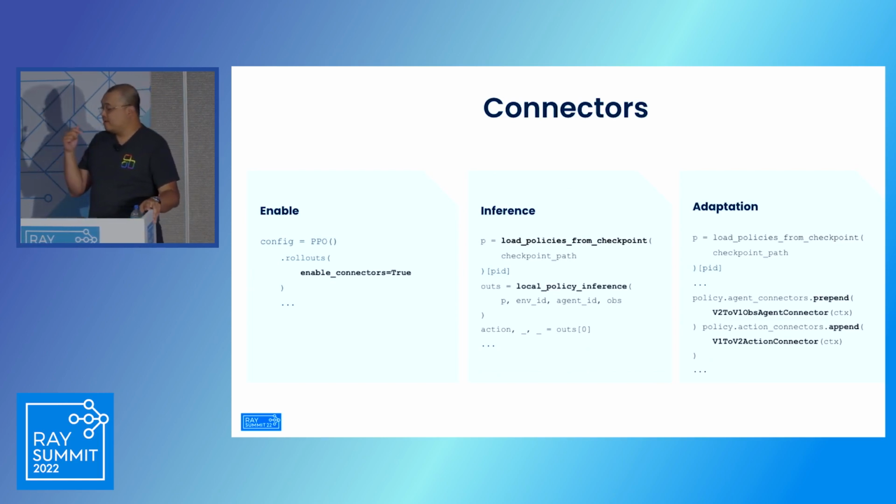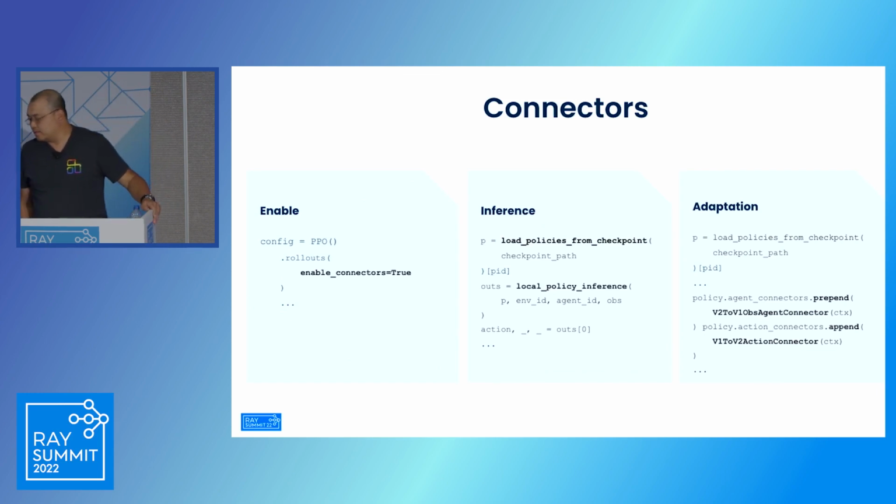And it also allows you to do things in case your environment is different. You can now come in and modify the chain of connectors that you used for this policy so that you can adapt the new environment to make the data work with the old policy. So that's the main idea.